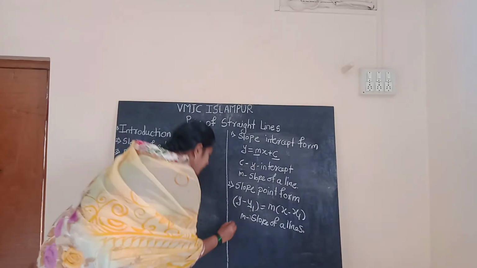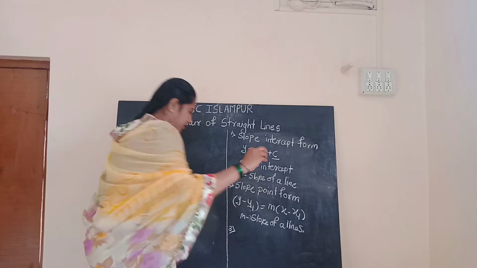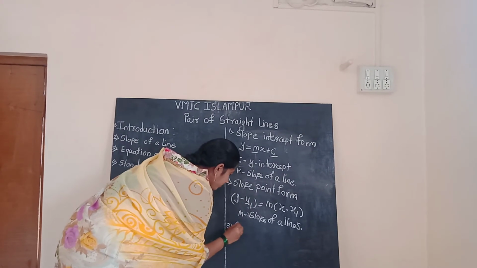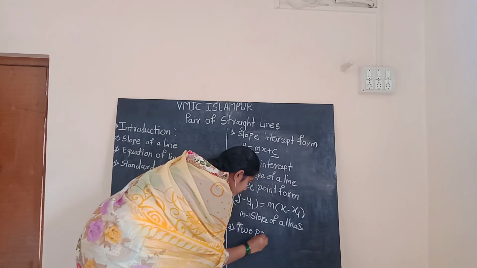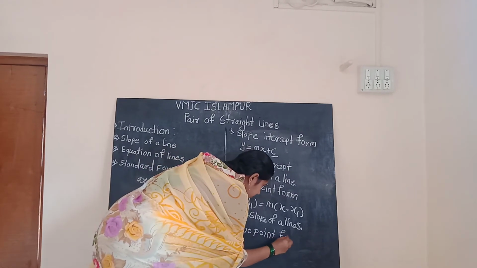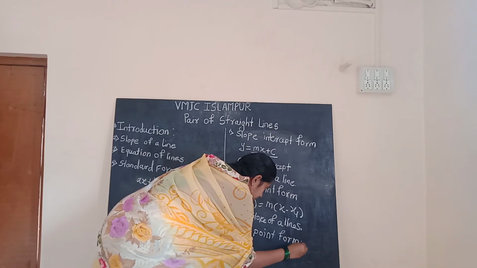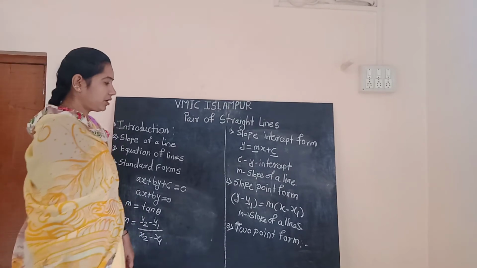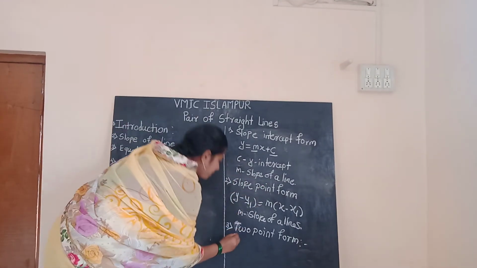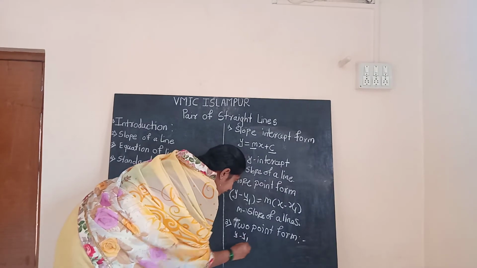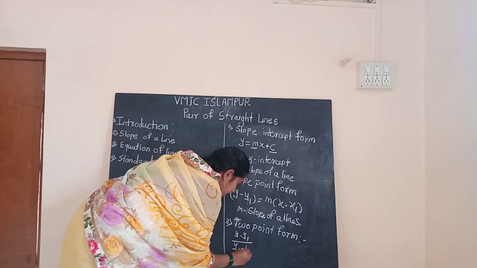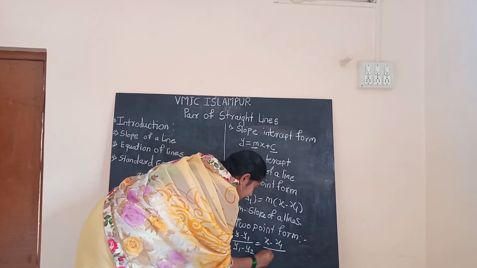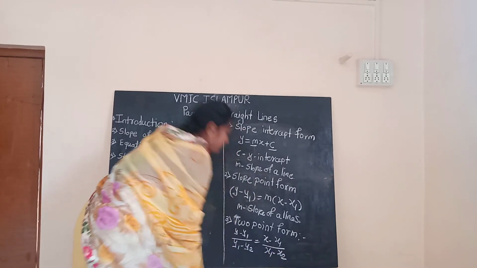Next, the third is the two-point form. Suppose we are given two points, then the two-point form is y minus y1 divided by y1 minus y2 is equal to x minus x1 divided by x1 minus x2.